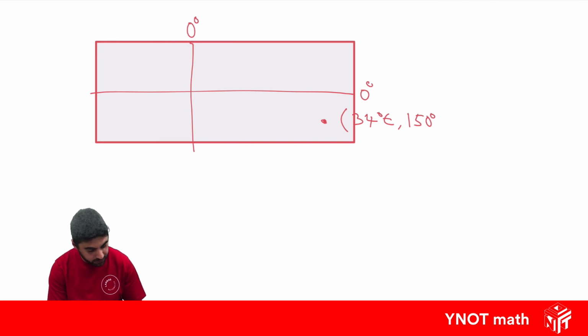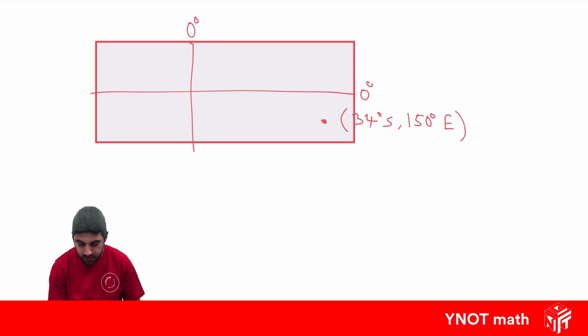Sorry, that was 34 degrees south. Let's just fix that up. 34 degrees south and 150 degrees east, which we put there because it's below the equator, that's why it's south, and it's east of Greenwich, which is why it's over on this side.